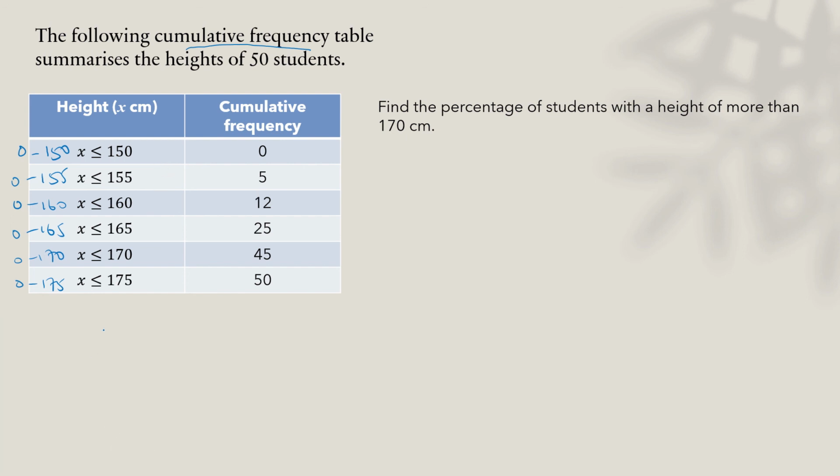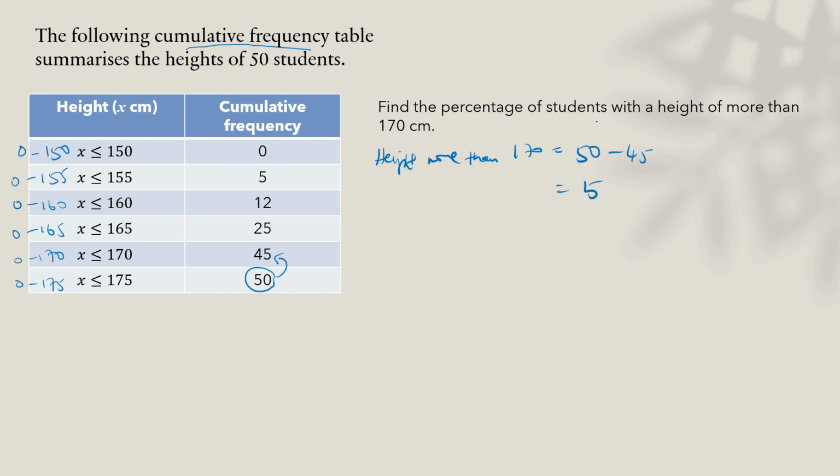Therefore, we are going to pick this class, which height is from 0 to 175. We're going to minus this class because these are the students whose height is only up to 170. So to find students with height more than 170, we'll take 50 students minus 45 and we get 5.